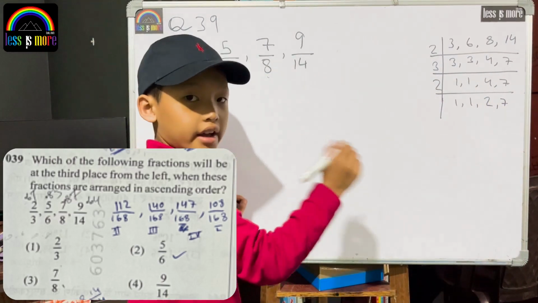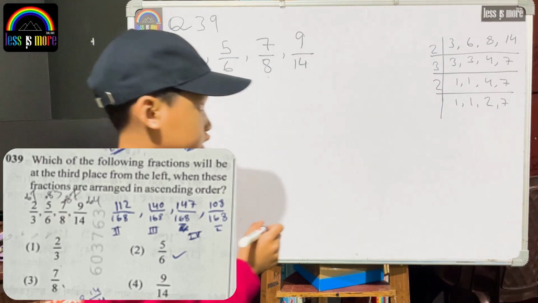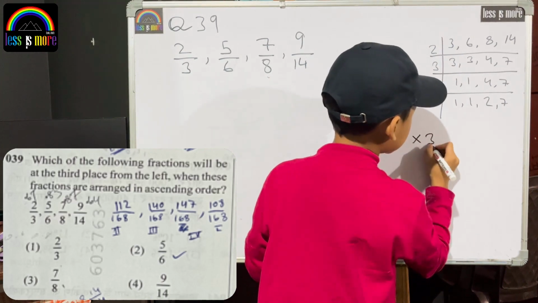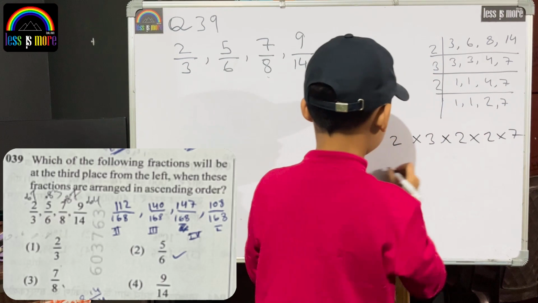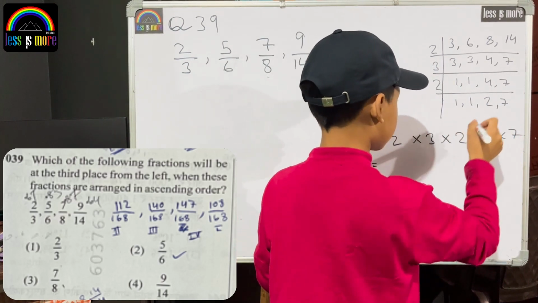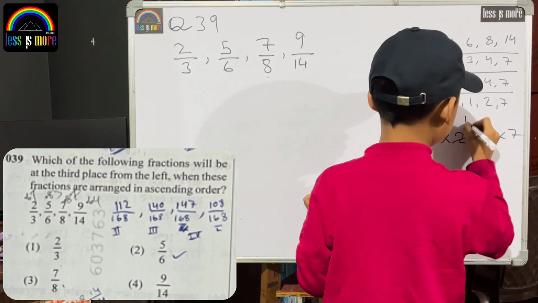To find the LCM, we multiply 2, 3, 2, 2, and 7. 2 times 3 is 6. 2 times 2 is 4.